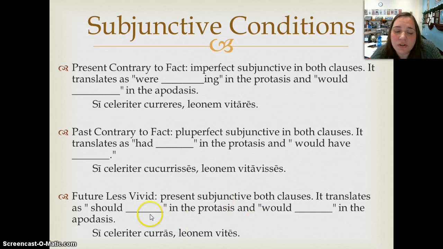The protasis will translate as should blank, the apodosis as would blank. For example, si celeriter curras, leonem vites. If you should run quickly, you would avoid the lion. And again, the implication here is that you're not going to, and therefore it's not going to happen. So it's a less likely future than the future more vivid, which is an indicative condition.